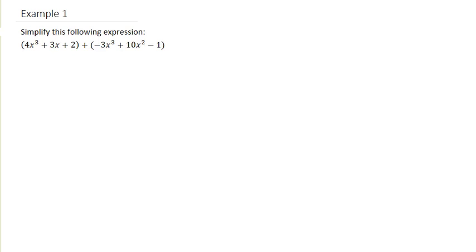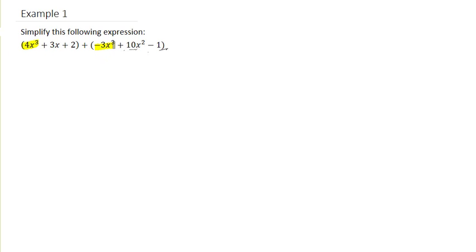Example 1. Simplify the following expression. So here we have 4x to the third plus 3x plus 2 plus minus 3x to the third plus 10x squared minus 1. So what we need to first do is find the like variables between all these numbers. So we have x to the third and x to the third here.